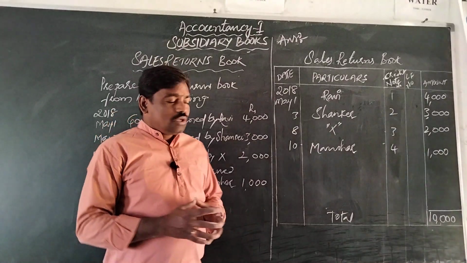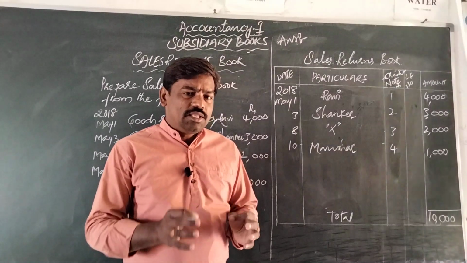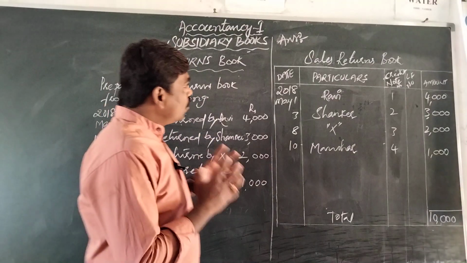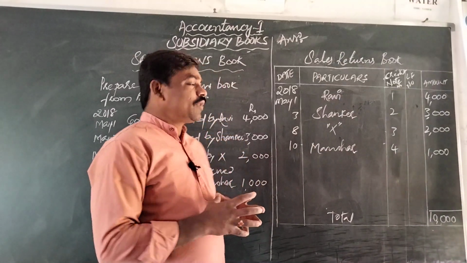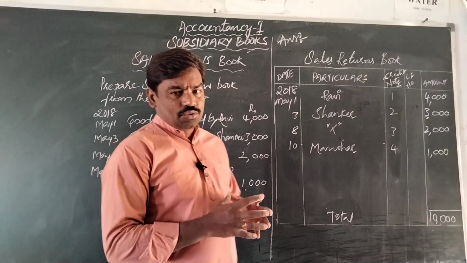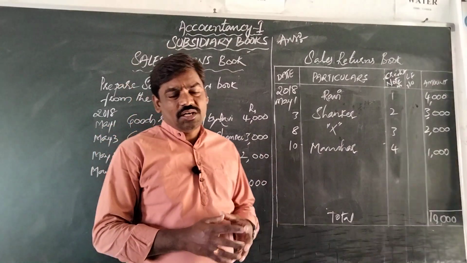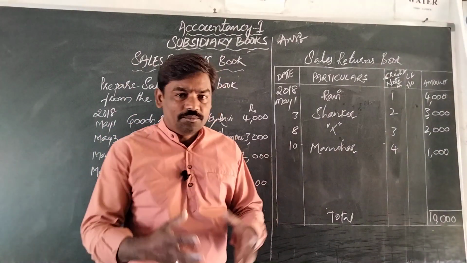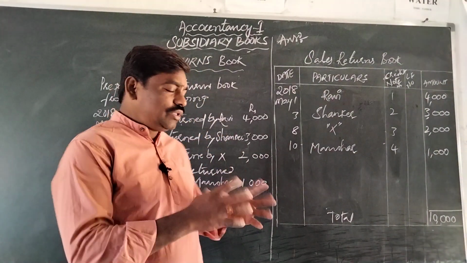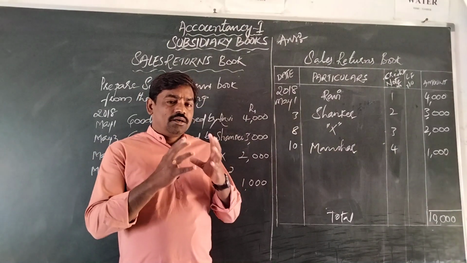In this sales returns book we record only sales returns information, and while recording the transactions in this book, we prepare a document called a credit note. The credit note is a document which is prepared and sent to the customer to inform him that his account is credited to the extent of goods returned by him.